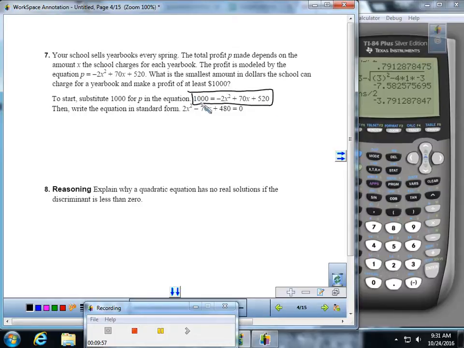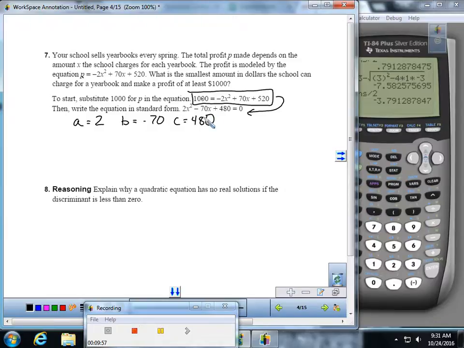So, you start out by putting 1,000 in for your profit. You want 1,000 in profit. This is your profit equation. So you just took the 1,000 and you put it in for P. Now, what happened between this step and this step is they just wrote it in standard form for you. Okay? So what is A in this question? A is 2. B is negative 70. And C is 480. I would have divided all that by 2, but that's okay.